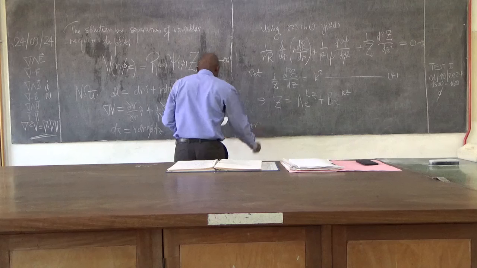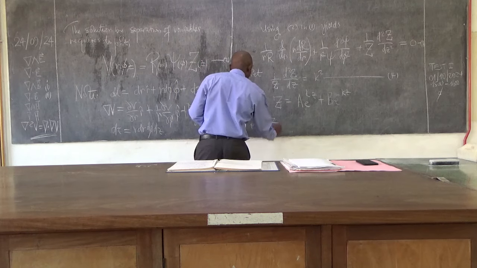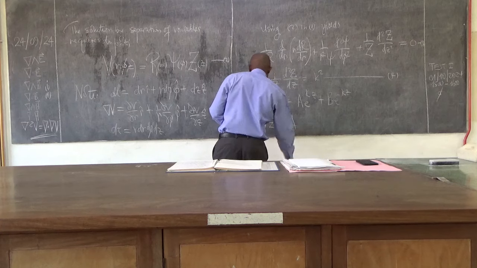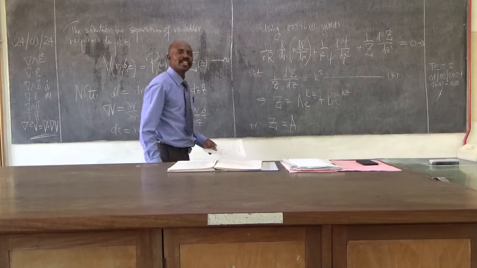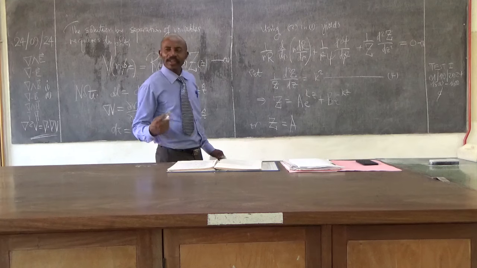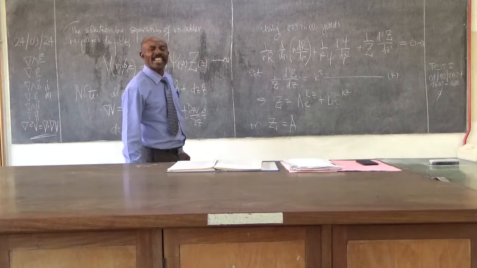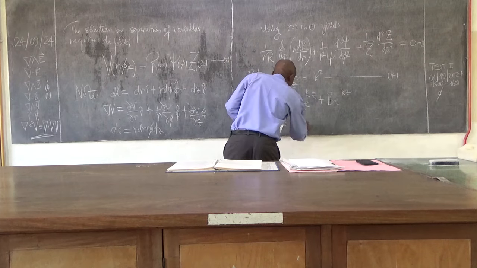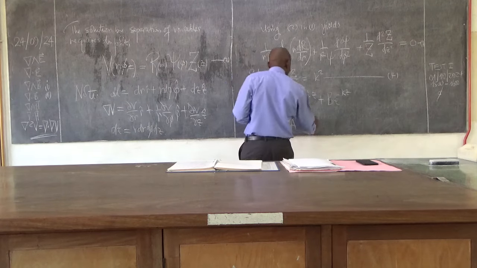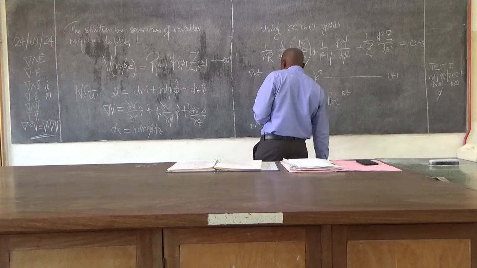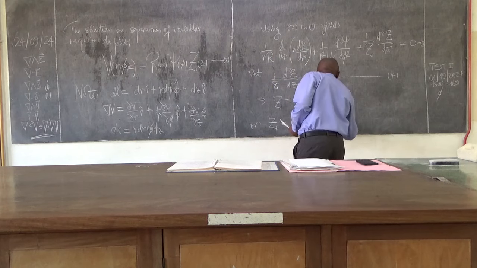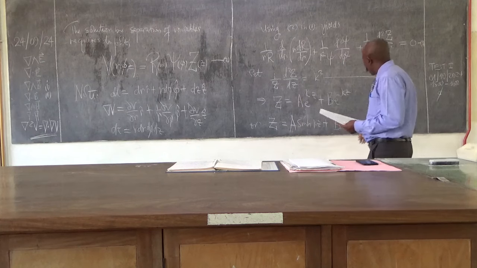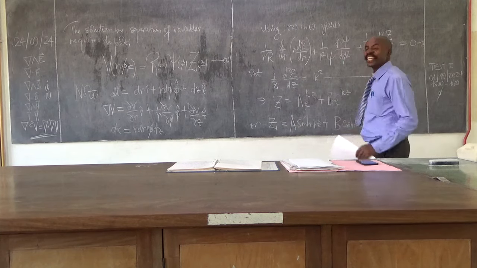Or we can write it as Z equal to A sinh kz plus B cosh kz.